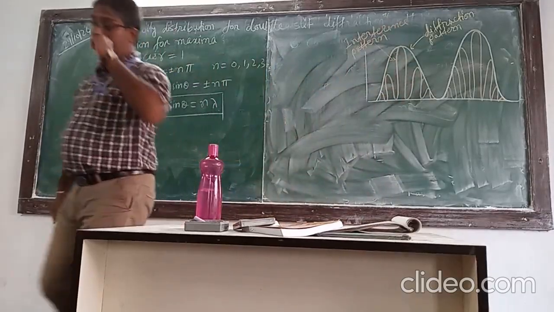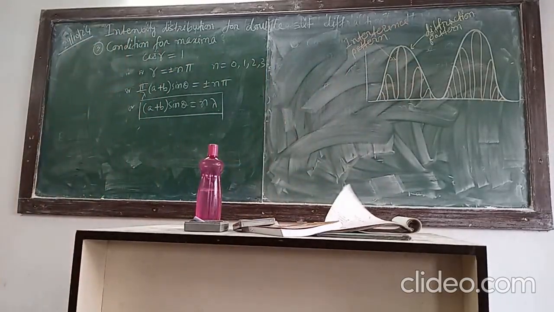We can see that within one diffraction pattern there are so many interference bright and dark fringes.